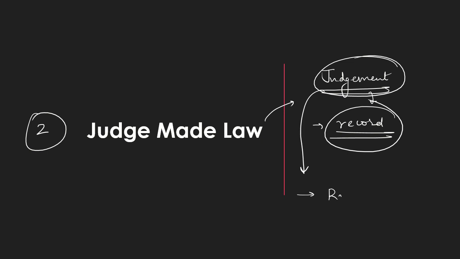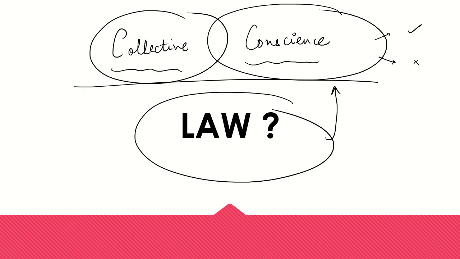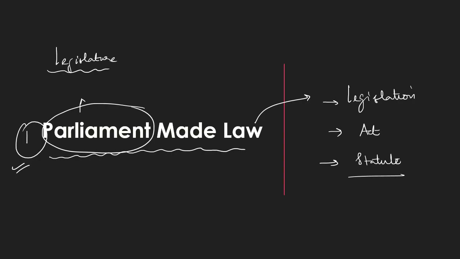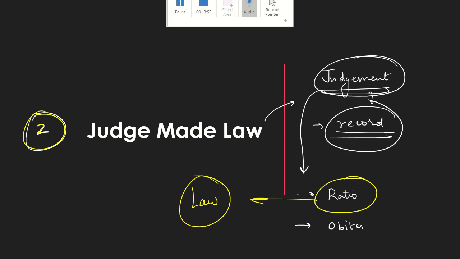The first part is the ratio decidendi, which I will just call the ratio, and the obiter dicta, which I will just call the obiter. It's important for you to know that this ratio is also the law of the land. So, like I said, this is the second type of law. So, you remember, we are looking at what law is. First type, parliament made law. Second type, judge made law.